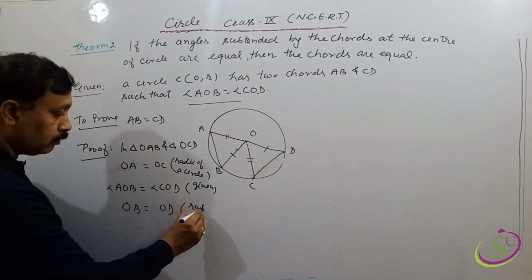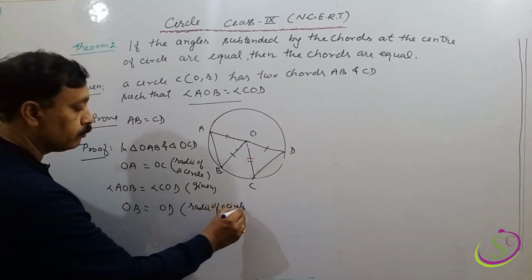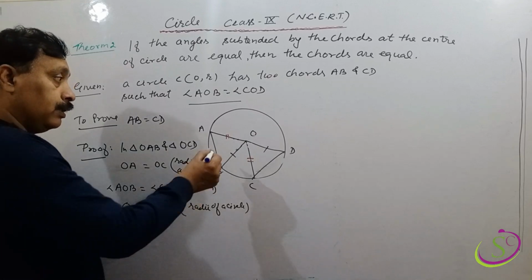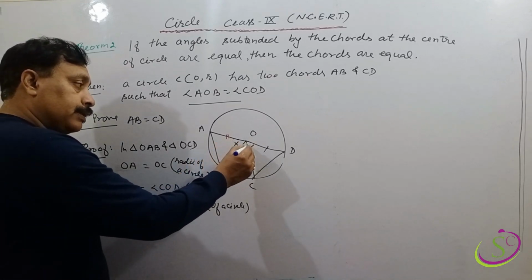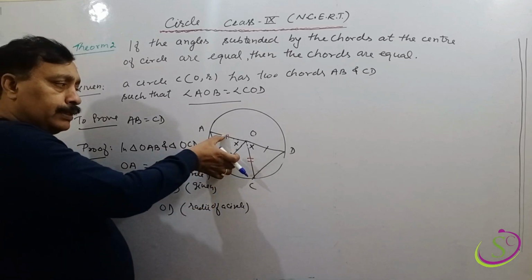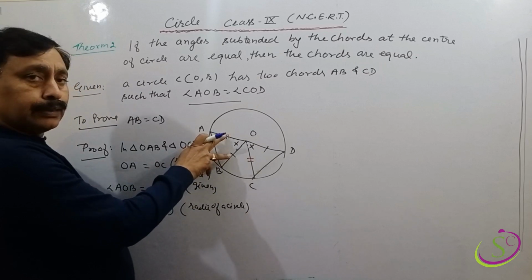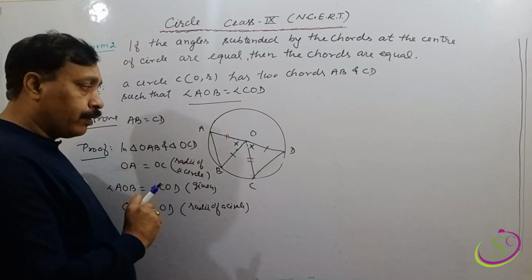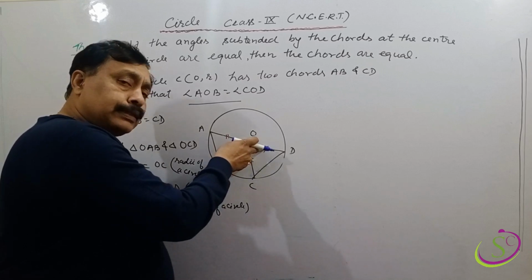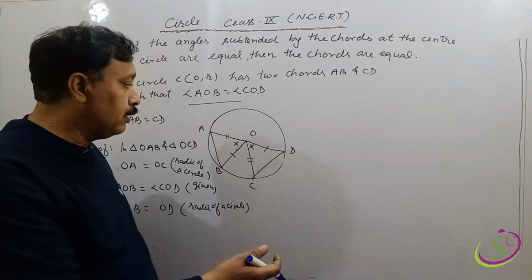Why? Radii of a circle. Clear? See, this angle and this angle both are equal because given. Two sides and the angle between them are equal to the corresponding sides and angle between them of another triangle.